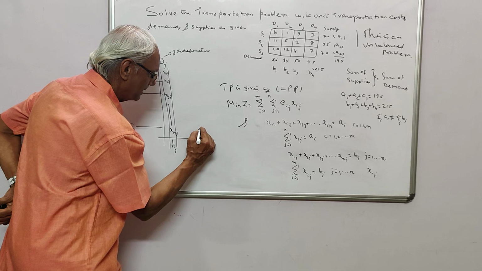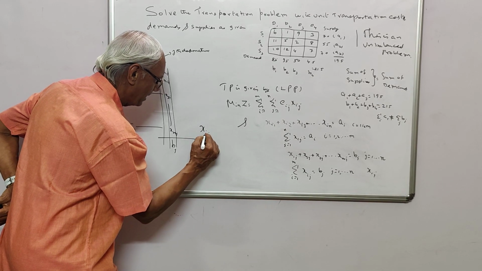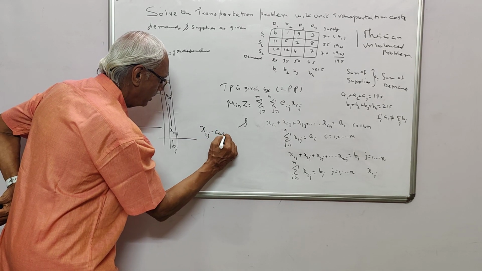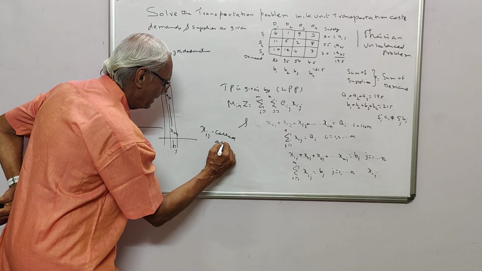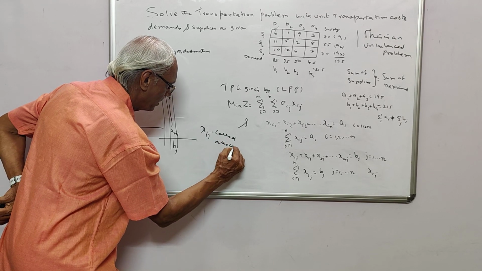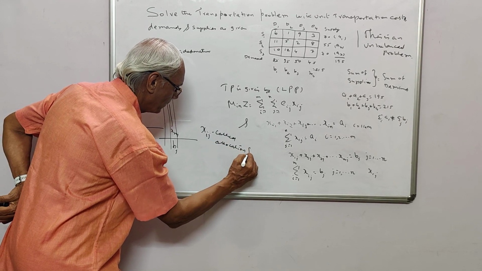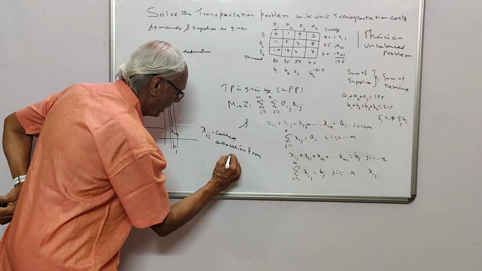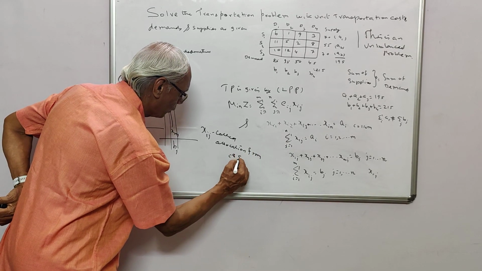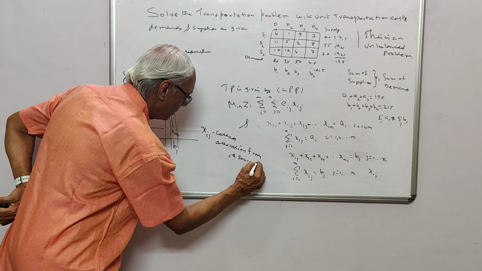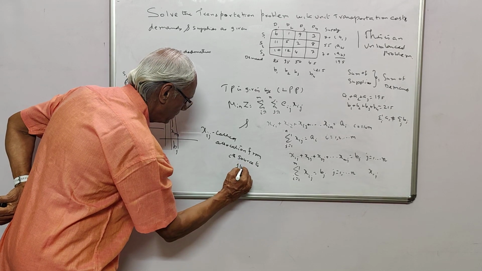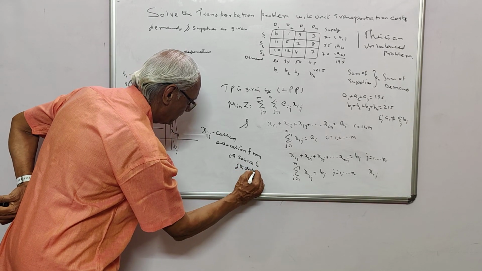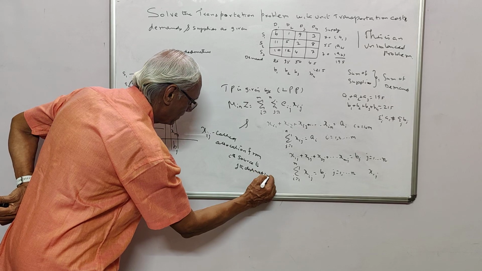See, Xij is called the allocation from the ith source to the jth destination.